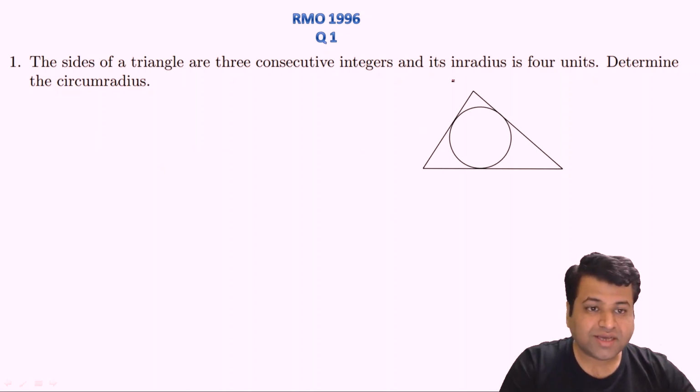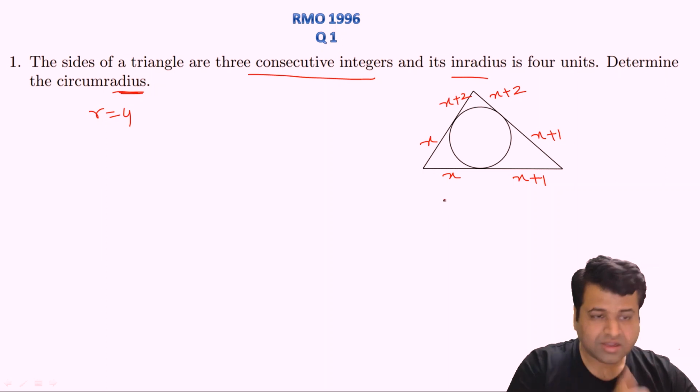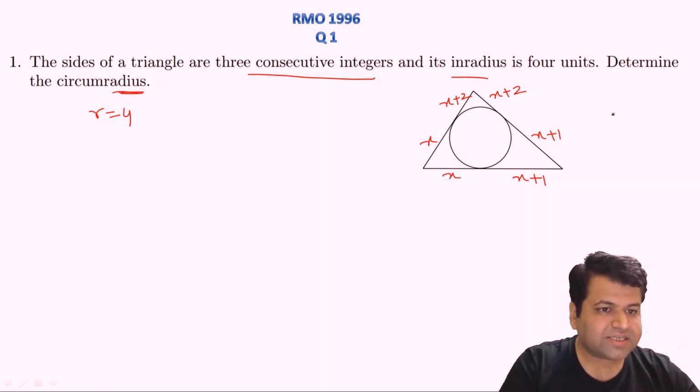The question says that the inradius, that is the small r, is 4 units of a triangle which has 3 consecutive integers as its sides, right? We need to find the circumradius of the triangle. So let's assume the sides to be x, x plus 1, and x plus 2, so that will be the half-sides. So the sides are nothing but 2x plus 1, 2x plus 2 and 2x plus 3.